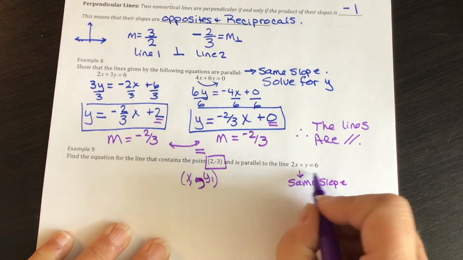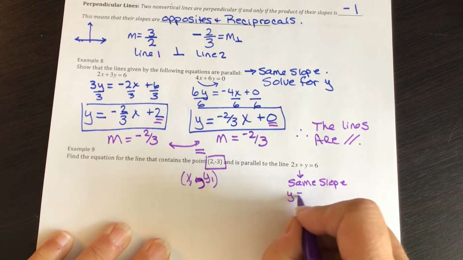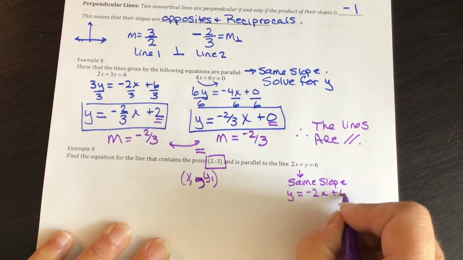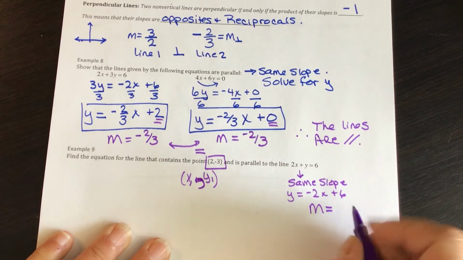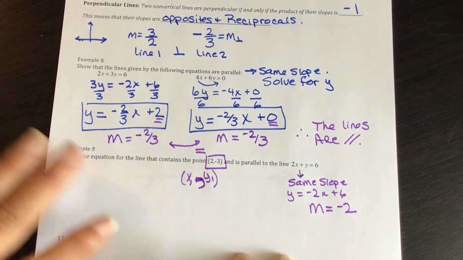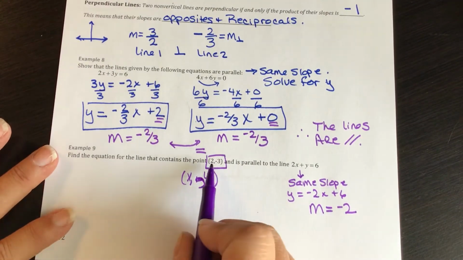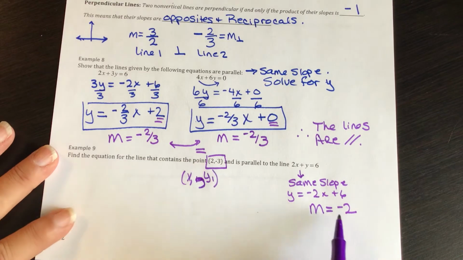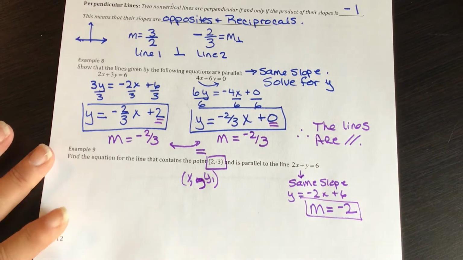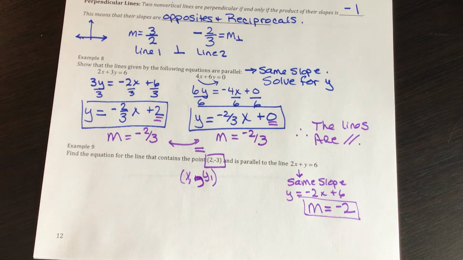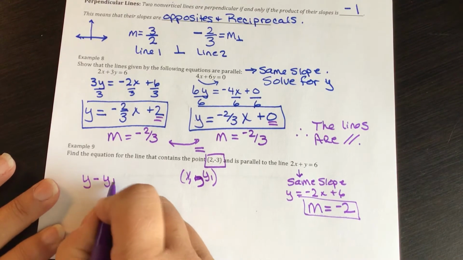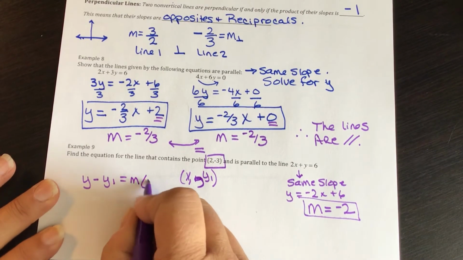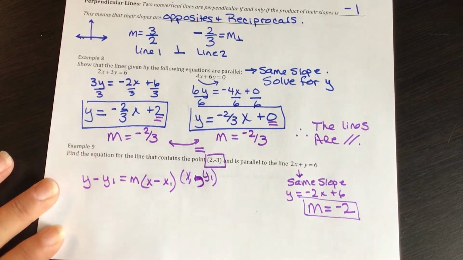So I'm going to subtract 2x, so I have y equals negative 2x plus 6. And the slope here is going to be negative 2. So this time I'm going to have this point and this slope, and I'm going to write the equation. So since I have a point on the line and the slope, I'm going to start off with y minus y1 equals the slope times x minus x1.